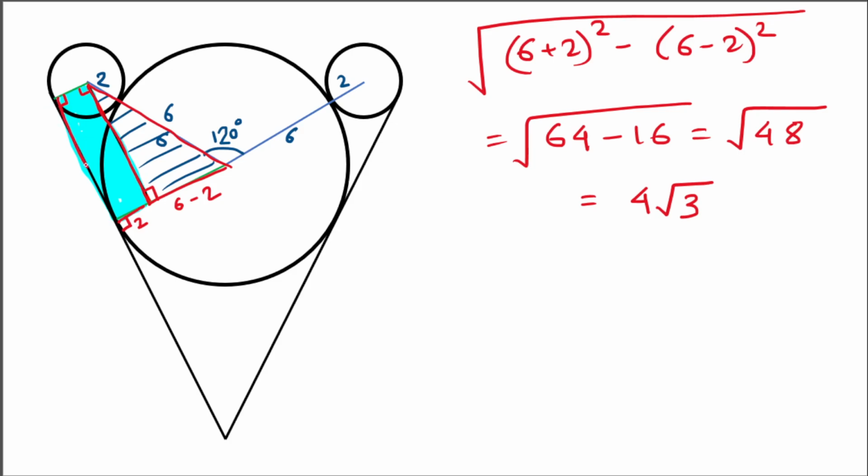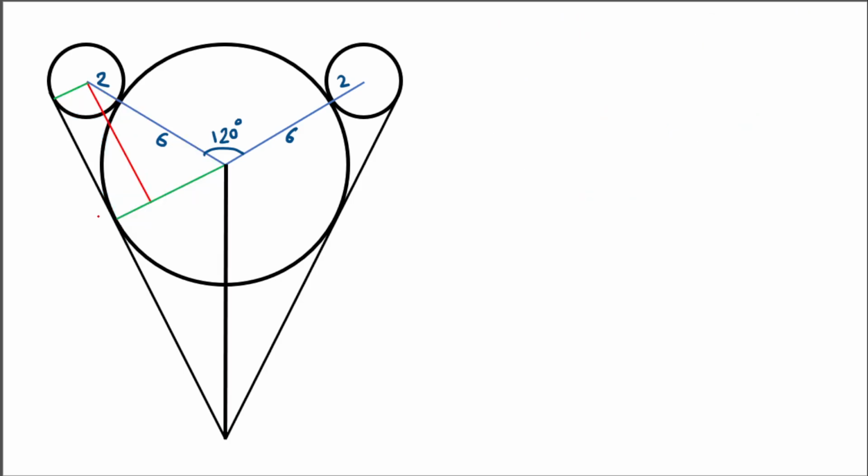So basically this length we have. Let us take another step forward. We have this red length as 4 root 3. If this angle is theta, we can write sine theta equals 4 root 3 by 6 plus 2, because we are essentially doing this by this.